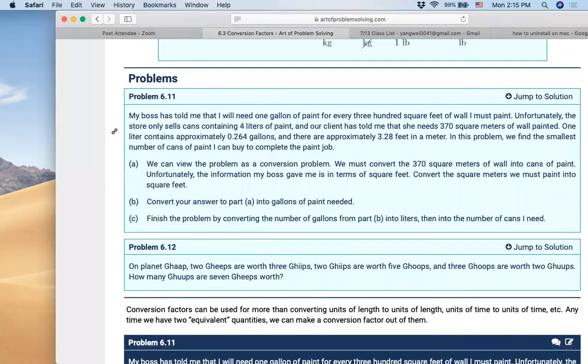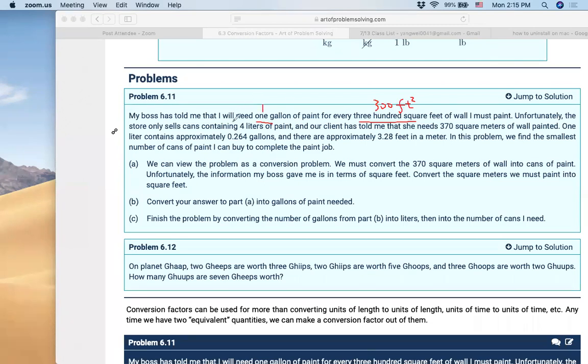6.11. So this one, they say my boss has told me that I will need 1 gallon of paint for every 300 square feet of wall.